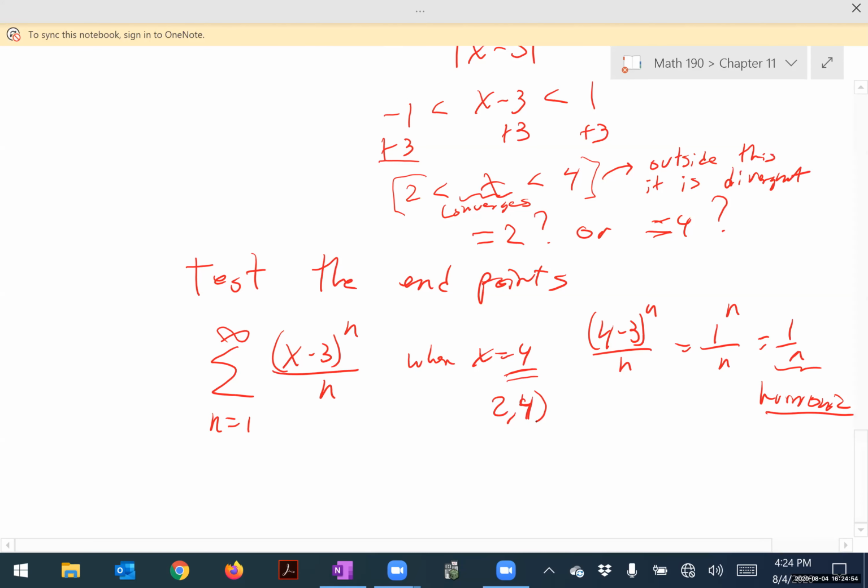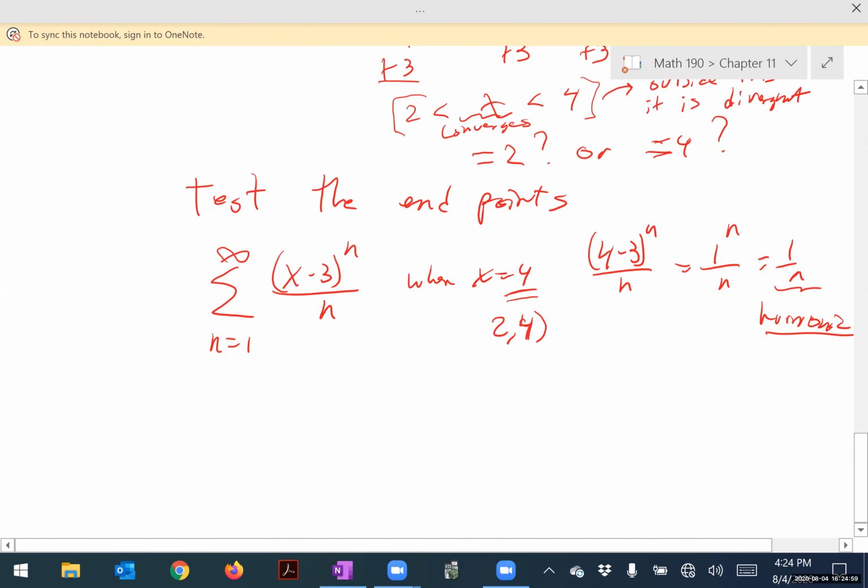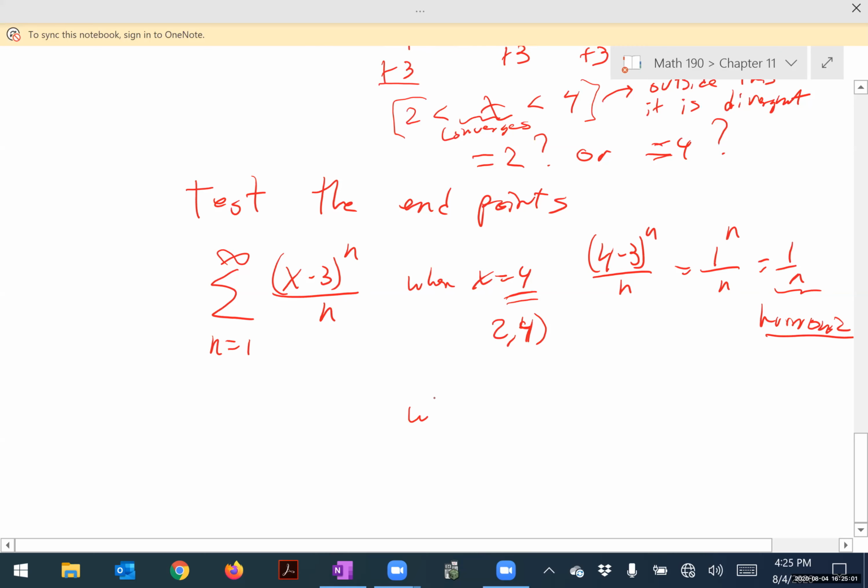Well, what about 2? Let's look at 2. When x equals 2, what do we get? We get the summation from n equals 1 to infinity of 2 minus 3 to the nth power over n. What is this? This thing is an alternating series, negative 1 to the nth power over n.